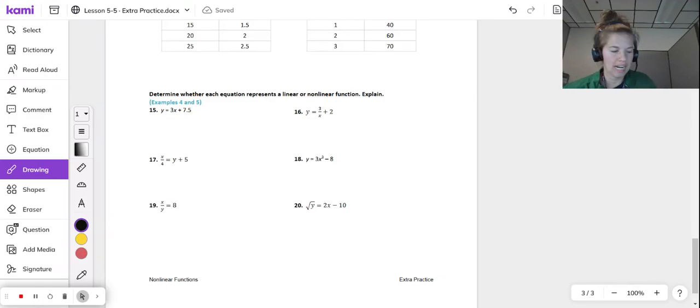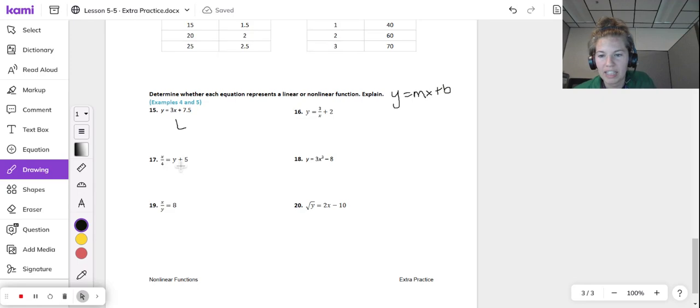Okay, when we are looking at equations, if it can be written in the form y equals mx plus b, or slope-intercept form, then it is a linear function. So if we look at 15, y equals 3x plus 7.5. This is in slope-intercept form, so this is linear. 17, x divided by 4 equals y plus 5.